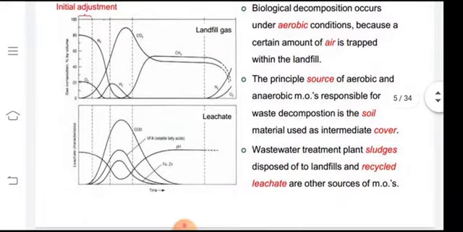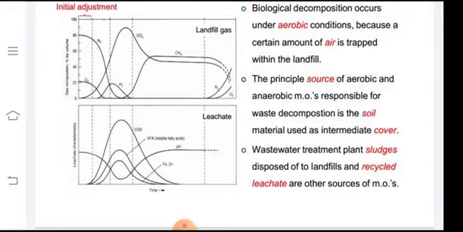Then these aerobic processes will finally convert into anaerobic processes, because the oxygen will deplete and there will be no more oxygen. So there will be a shift of the decomposition process.